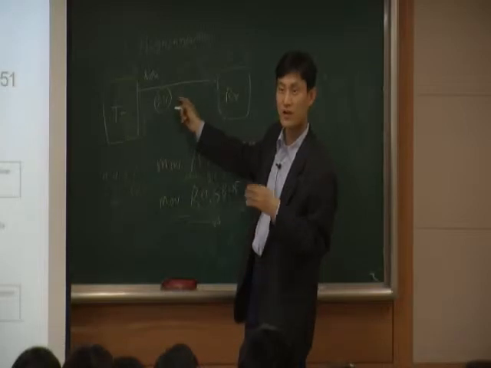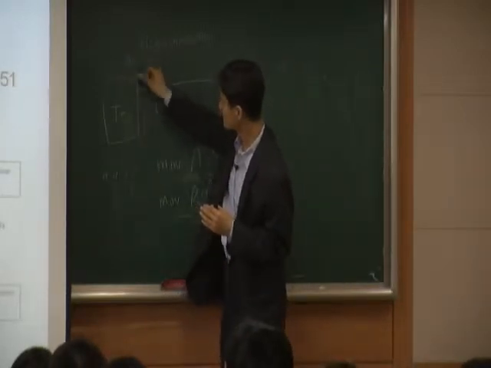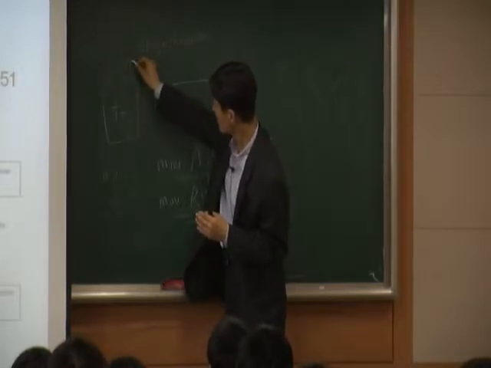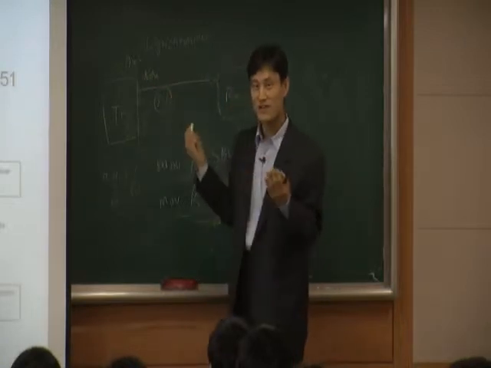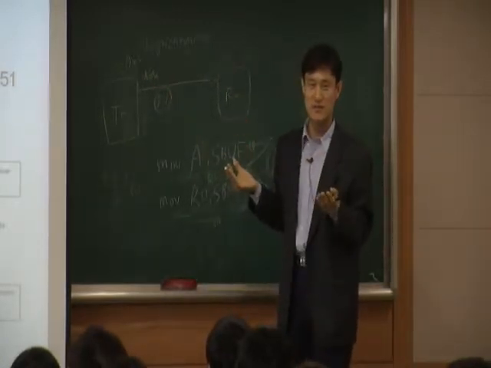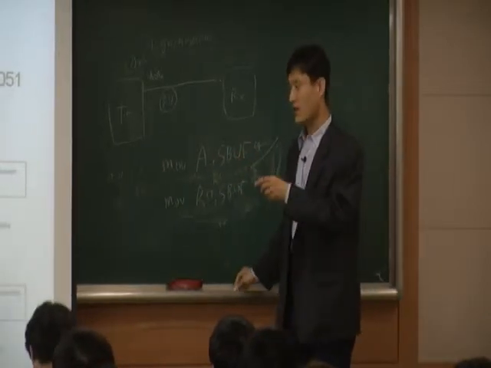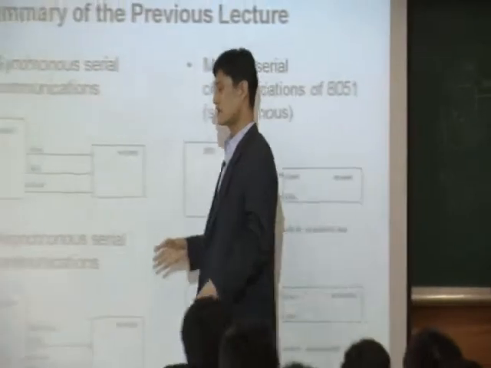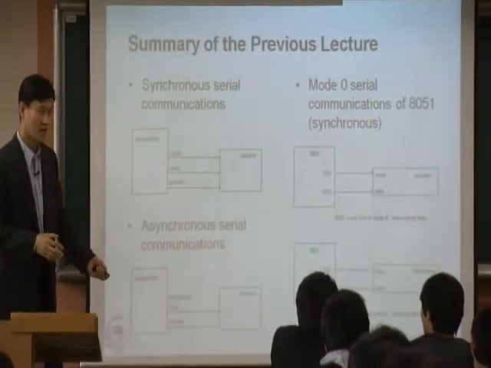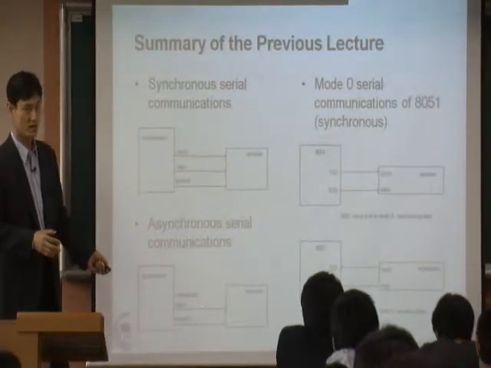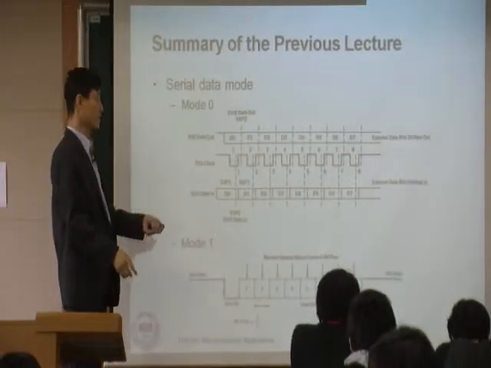But we want to transmit 1, which is 5 volts, and this is already 5 volts. So the receiver never knows. You cannot distinguish. So certainly this is a problem. In asynchronous, we have many problems like this. Therefore, that's why we need to packetize the data. I'll tell you what packetized means. Let's look at mode 1.